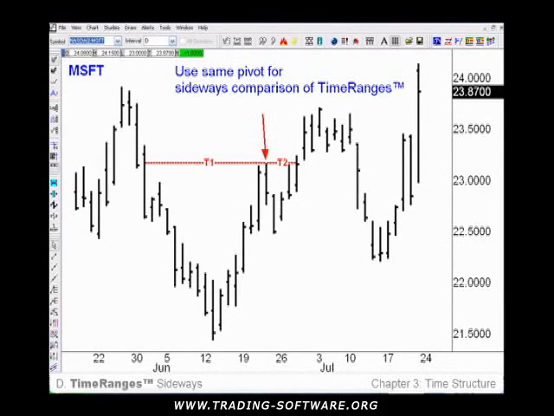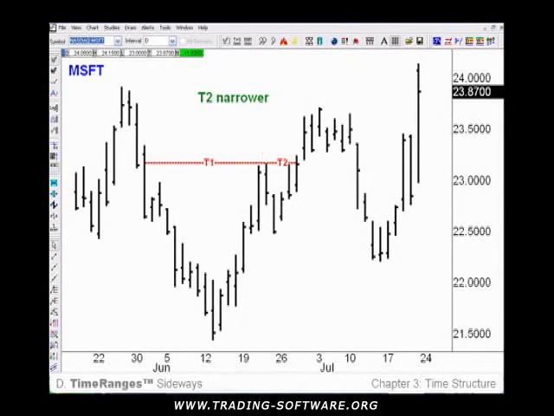However, keep in mind that it is a secondary, more of a helper formation to support the other comparison method. Here T2 is narrower, so if we also have price alignment, then we can see that this move will be of limited scope. In other words, it won't rally too much because of the narrower T2.